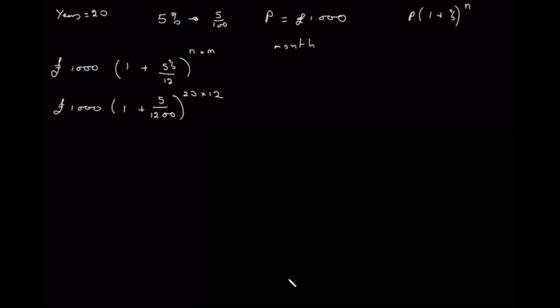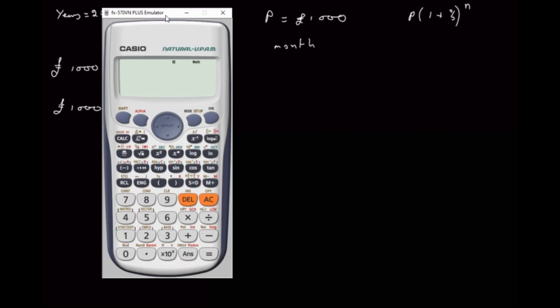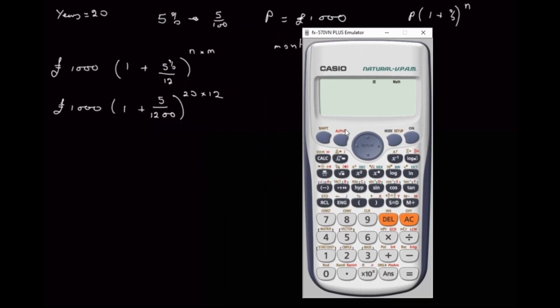All right, so let's get rid of this and call up my faithful calculator. Let's work this out, shall we? We have 1,000, that's this bit here, times a bracket. Now calculator, some you don't have to put the times in. I'm making sure it works, so I'm putting the times in. It's not normally written, the times there. 1 plus, we have 5 over 1200.